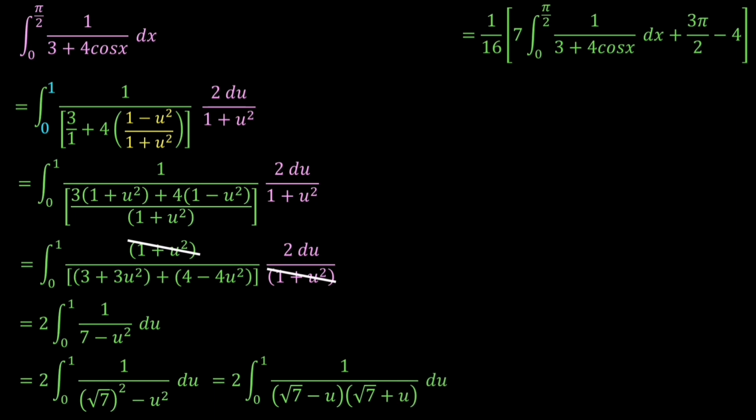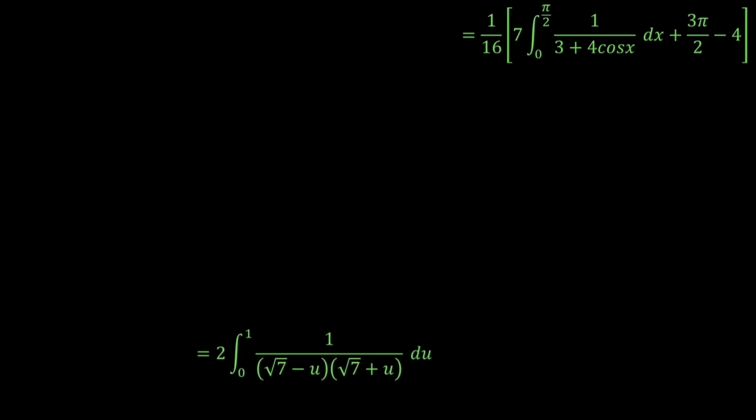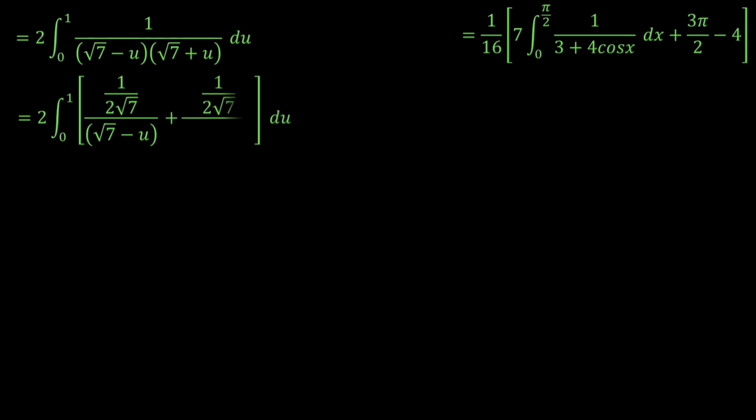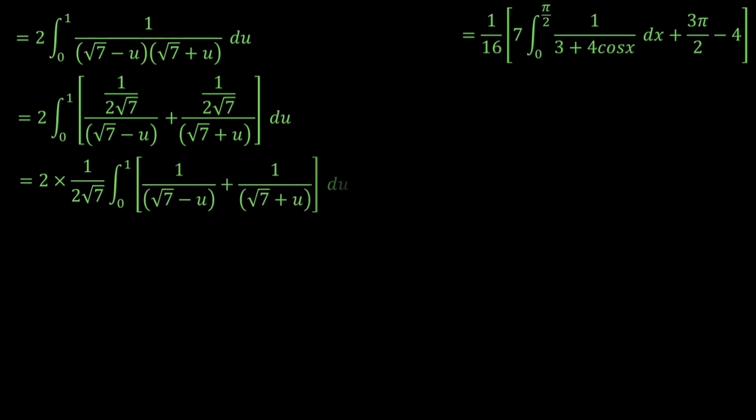To simplify this integral, we can use partial fractions. 1 over (root 7 minus u)(root 7 plus u) we can write as 1 over 2 root 7 over (root 7 minus u) plus 1 over 2 root 7 over (root 7 plus u) using partial fractions. After that, we can take 1 over 2 root 7 as a constant. So, we have 1 over (root 7 minus u) plus 1 over (root 7 plus u).